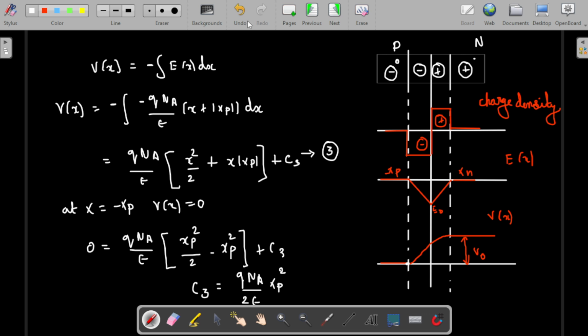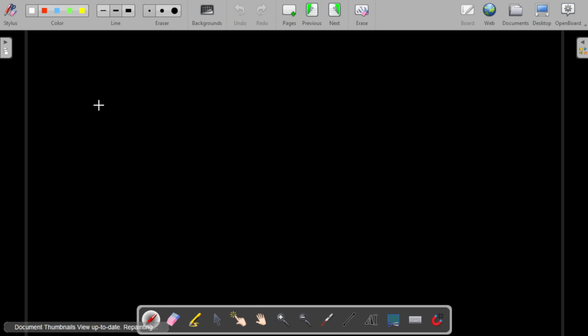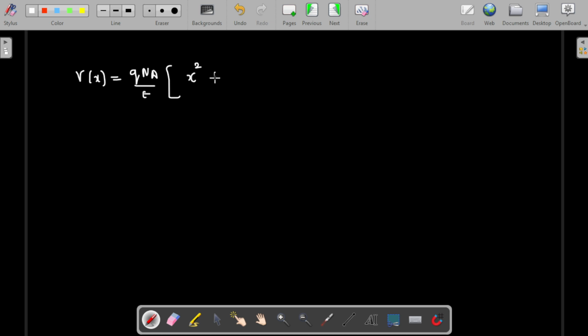Okay. So let's substitute C3 in the equation of V of x. So V of x equals Q Na divided by epsilon. Let's take all the terms outside: x squared plus 2x xp plus xp squared. So this is the voltage equation.